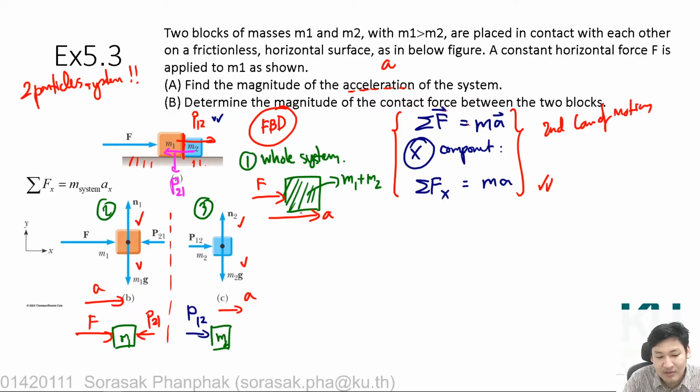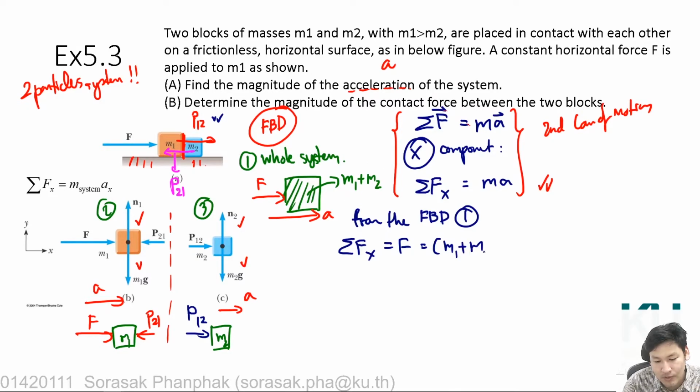So what is the resultant force in the first system? From the free body diagram of the whole system, you get sigma Fx, which is your F, equal to ma, and m in this case is the total mass, m1 plus m2.